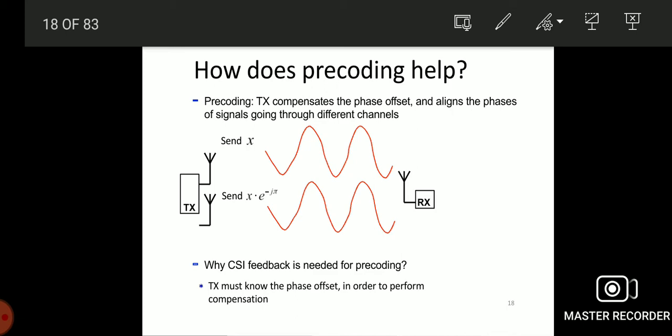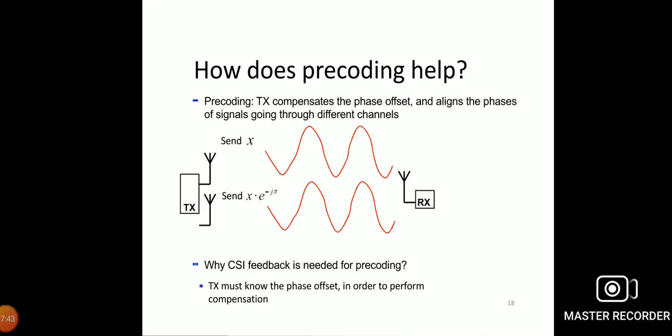The additive white Gaussian noise is one of the major issues, so the additive white Gaussian noise at the receiver at time index i, and the received symbol at the receiver antenna.